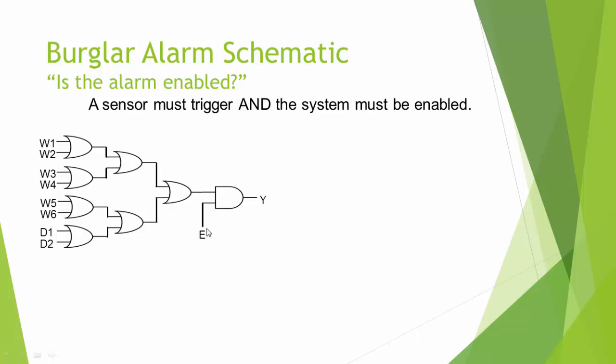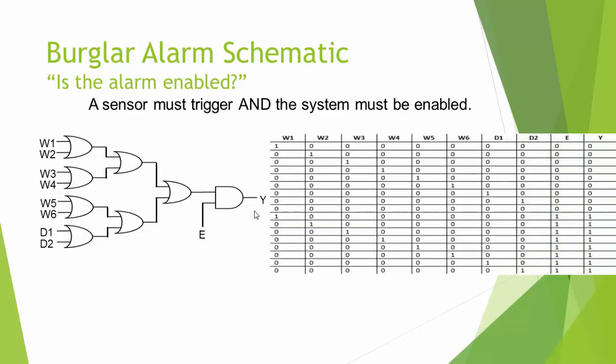However, we have to have turned the little key to enable the alarm before the alarm can go off. If we turn the key to the off setting, the E input goes to 0 and the alarm can't go off. So very simply, we've created a useful burglar alarm with just a series of sensors and a few gates.